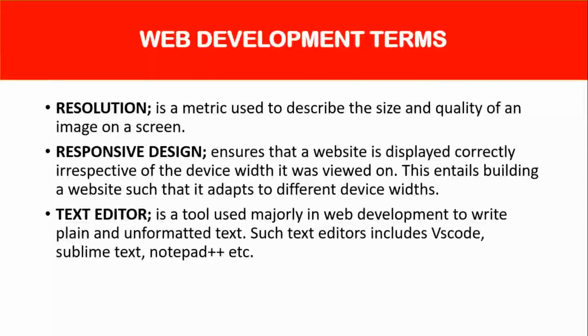The only difference is that with Microsoft Word, you can typeset your document, format it, and make it look formal. But with a text editor, although it could be likened to Microsoft Word, they are a different kind of tool. All right, we use them to type out plain and unformatted text, but basically we use them to write our codes.